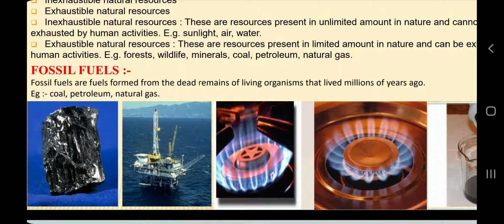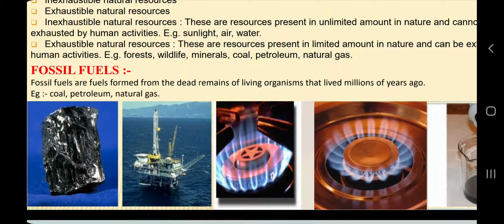Only plants are not dependent on other living creatures because they are able to make their own food with the help of sunlight, and this process is called photosynthesis. Otherwise the rest of the organisms are dependent on plants or other creatures. Okay, so living creatures are the food of living creatures.